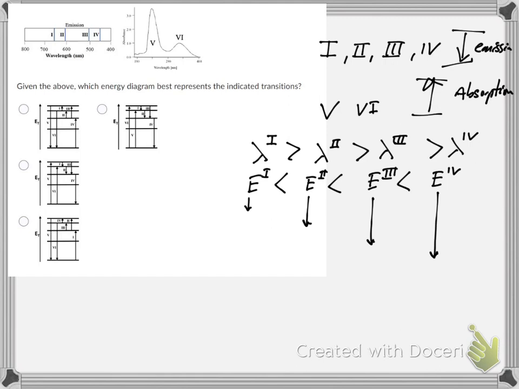The highest energy has the biggest arrow. When we look at 5 and 6, 5 has the shortest wavelength, so it has the greatest energy. 6 has a longer wavelength, and so it has a lower energy. So in the absorptions, 5 has to be the longest arrow, and 6 has to be the shortest pointing up arrow.